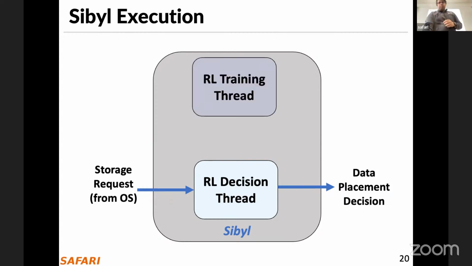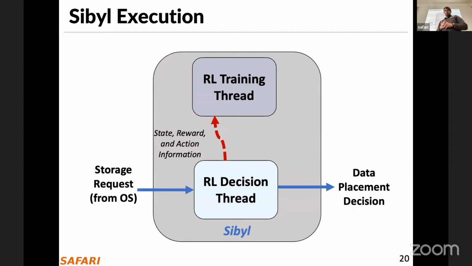Now we also have a training thread. The training thread is the thread which takes the state, reward, and action information. We call that experience in Sibyl. It uses this combination of state, reward, and action to train the neural network.